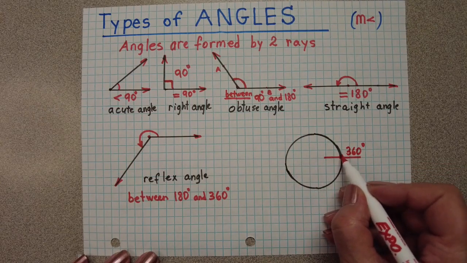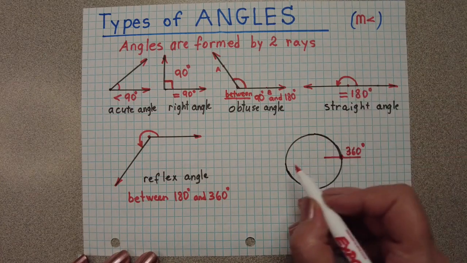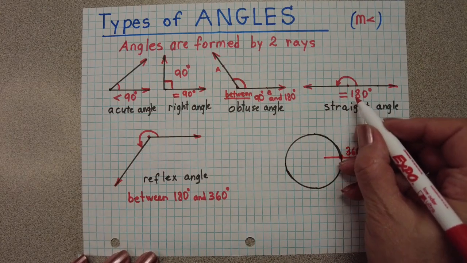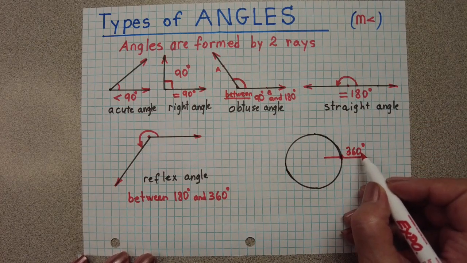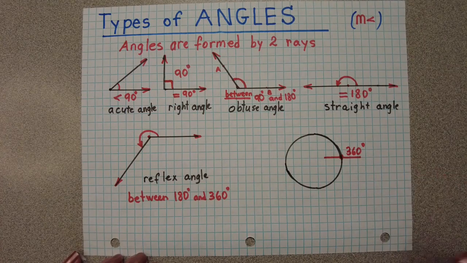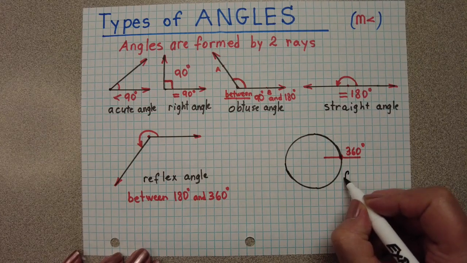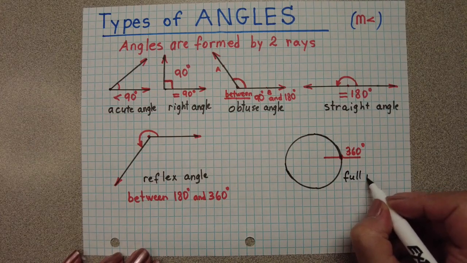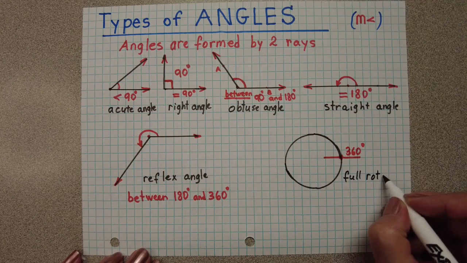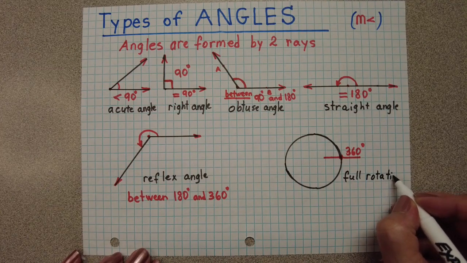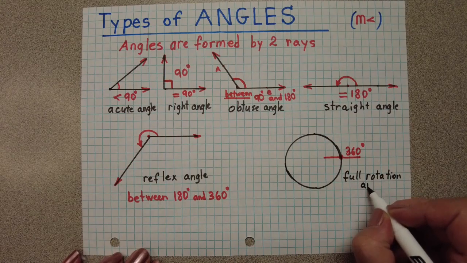See, if we did half of it, 180, another half, 180, plus 180 equals 360. So this one we call a full rotation angle.